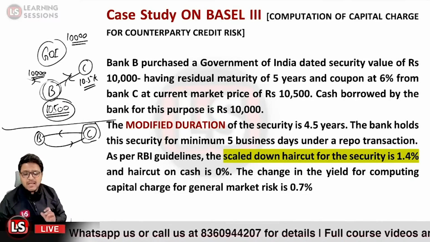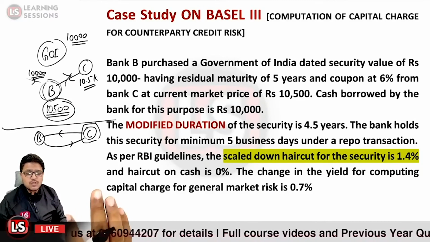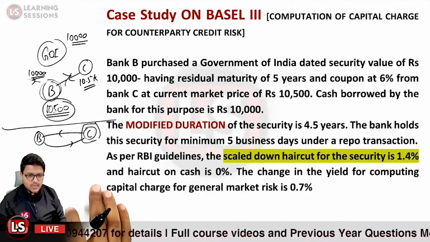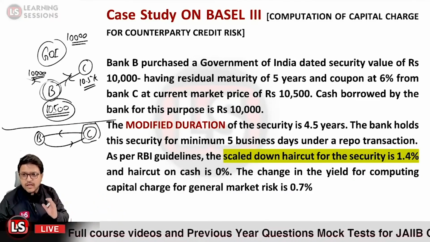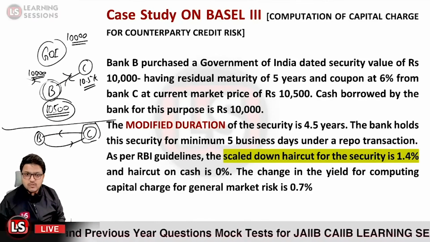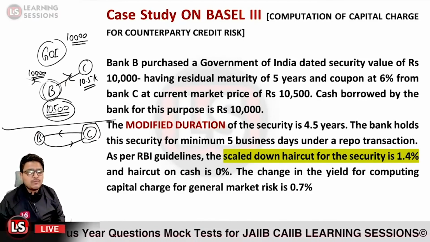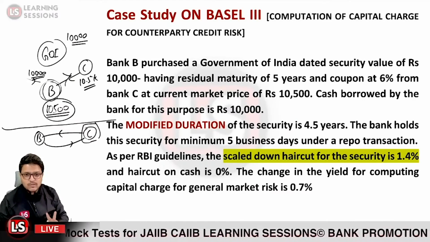It means the exposure on the current value itself. The haircut means the additional value which is to be added to the current value of the exposure. And let me tell you one thing. In this particular case, we have two types of exposure.